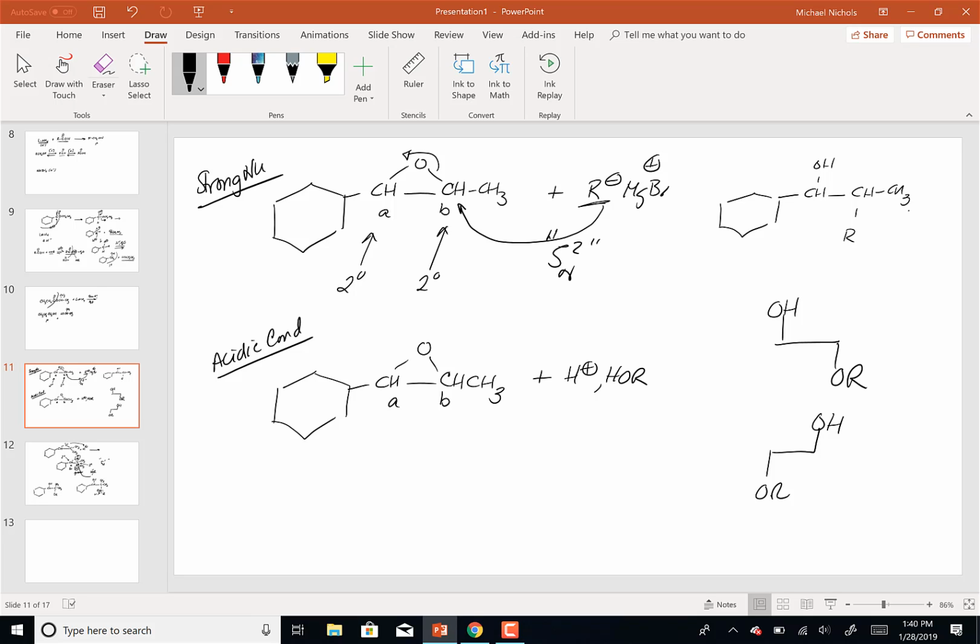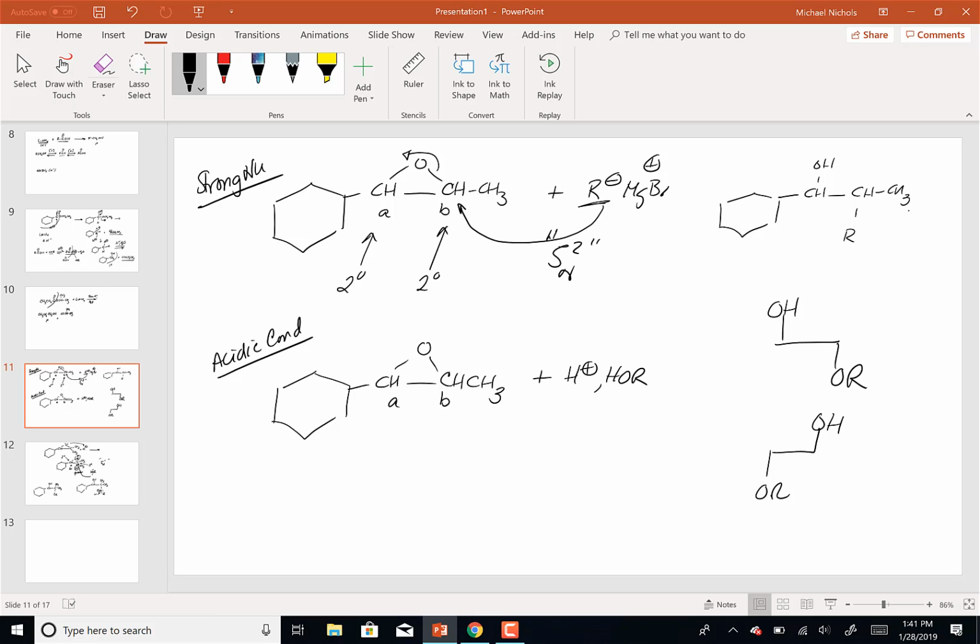So when you add acid, where do you add the nucleophile? Most substituted carbon. When you have a strong negatively charged nucleophile, where does it add? The opposite, the least sterically hindered. First predictor: whether the carbon is primary, secondary, tertiary.